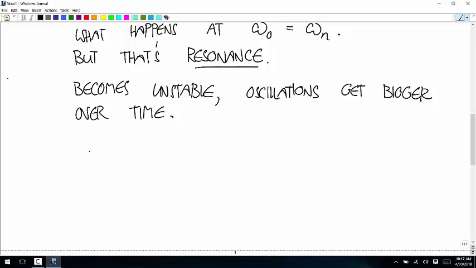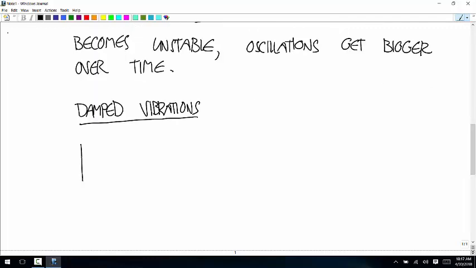Okay, so the last thing we're going to talk about is damped vibrations. And so this system, I'm going to set it up the same way. So we have a spring and a mass.